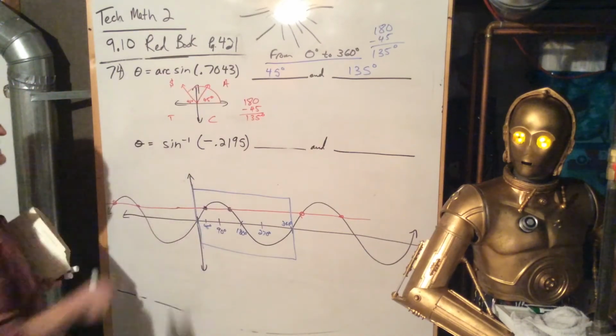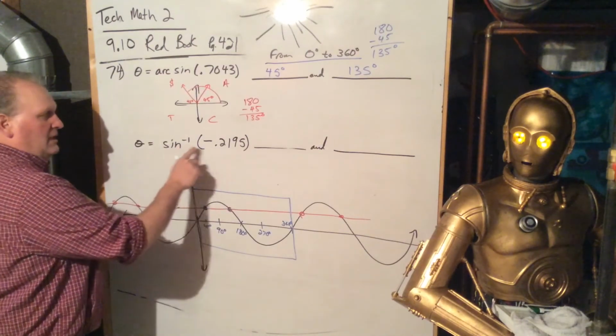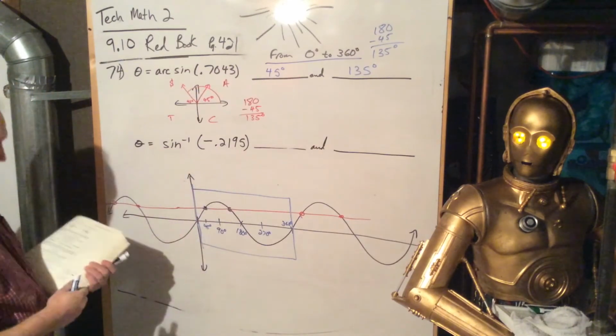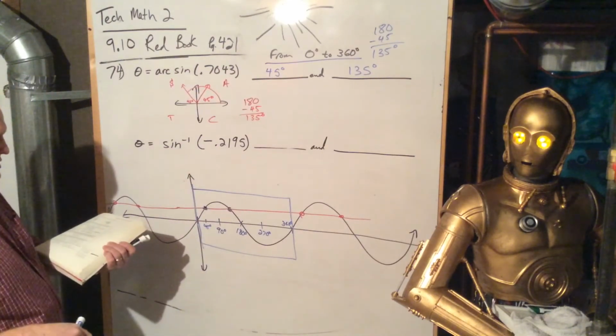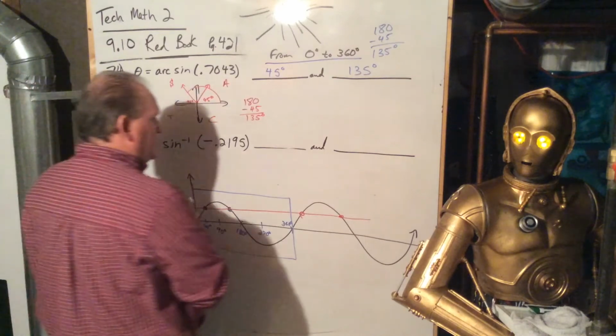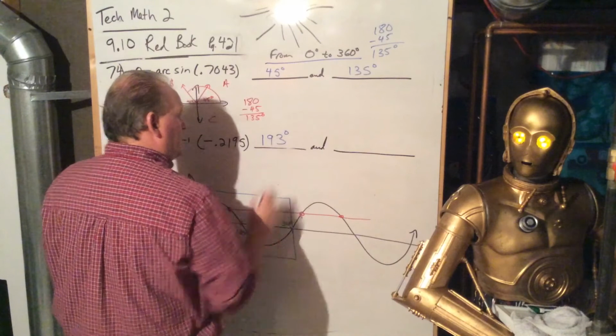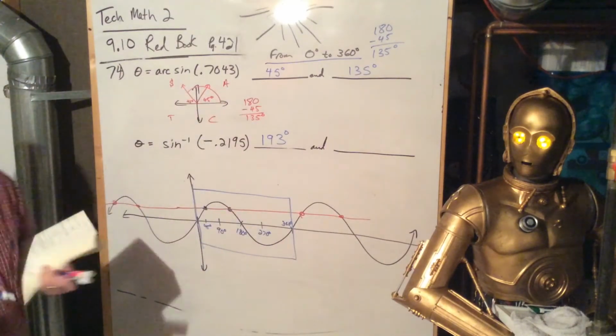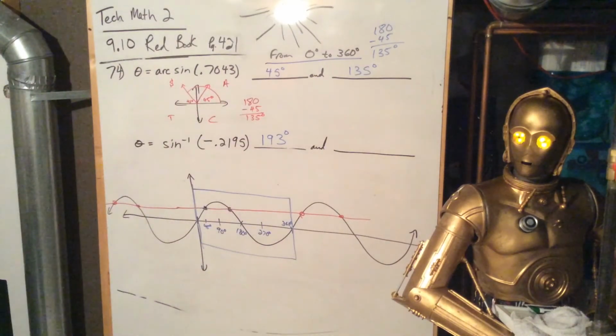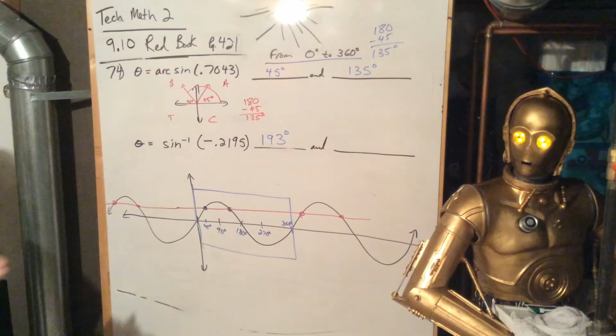All right, so I think they gave us an uglier one. We're going to do second sine on our calculator and then put in negative 0.2195. Hit enter, round to a whole number. It should be 193 degrees. Hold on, let's double check that because that might not be 193 degrees.